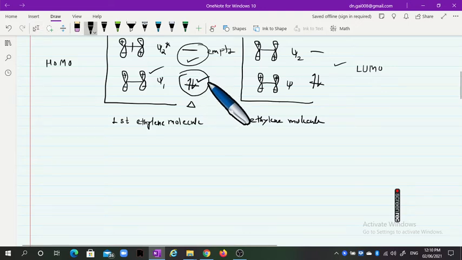Therefore for the first ethylene molecule, psi 1 is the HOMO.